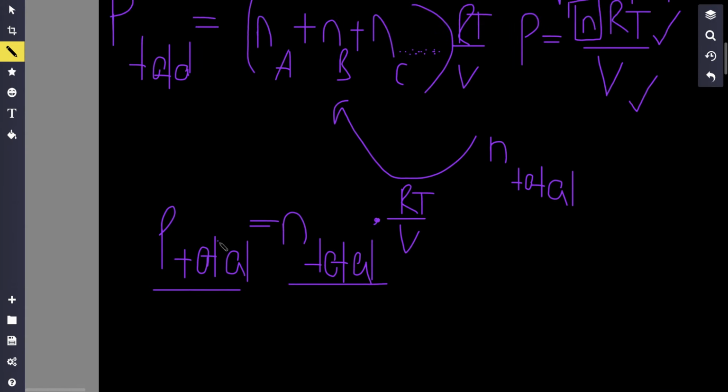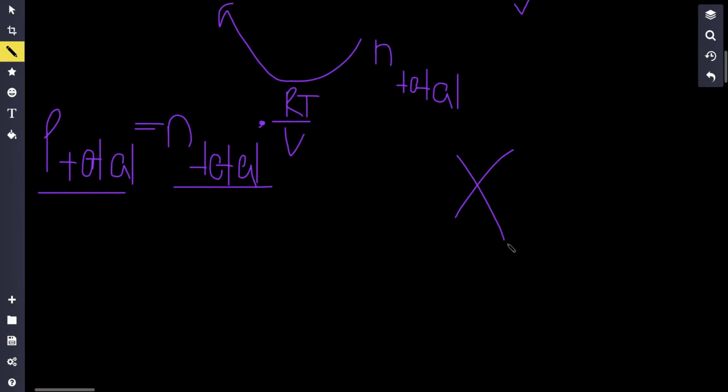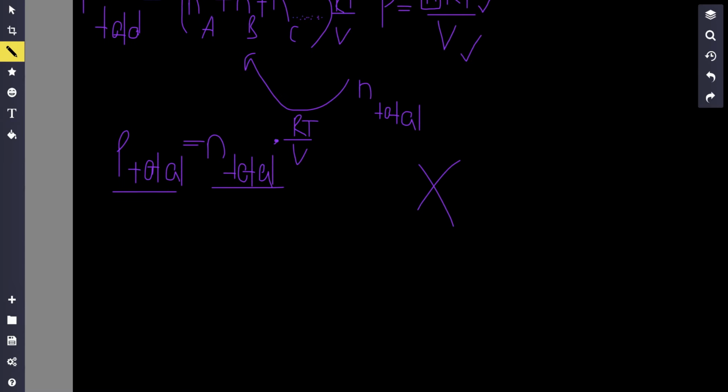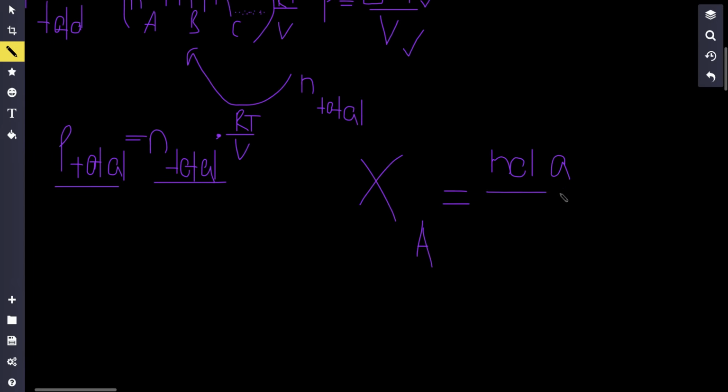Now, I'm going to multiply both sides by the mole fraction. Recall that the mole fraction of a specific gas, let's say gas A, is equal to the moles of A divided by the total amount of moles, n total.